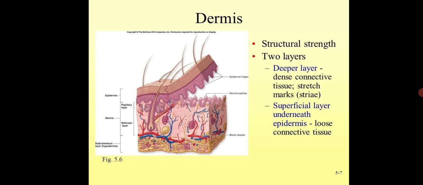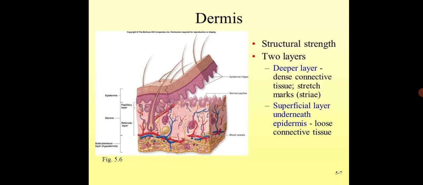The deeper layer is made up of dense connective tissue, and you can see certain stretch marks on it, whereas the superficial layer, just underneath the epidermis, is made up of loose connective tissue. You can see here the epidermis, the dermis, and the subcutaneous layer, that is the hypodermis.